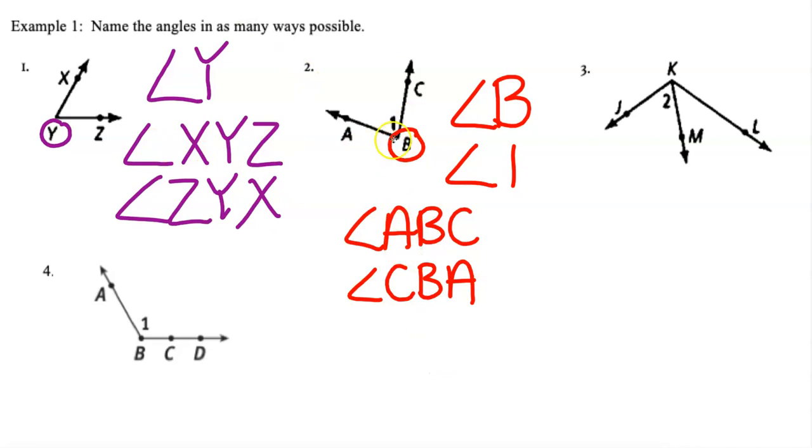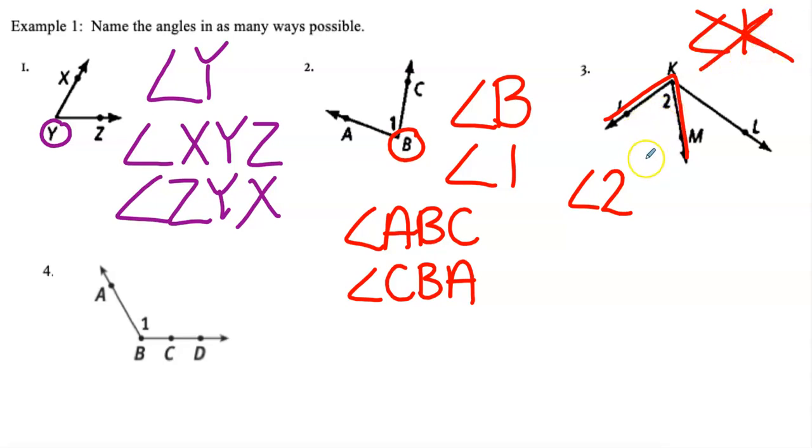So these are the easier problems. Number 3 and number 4 are a little trickier. So there are many ways to name all of the angles in number 3. I'm going to name this first angle in red. So this red can be angle 2 because it has a number right here. And then I can't name it angle K. This is bad because I don't know which angle you're talking about.